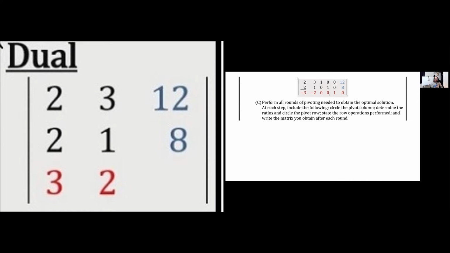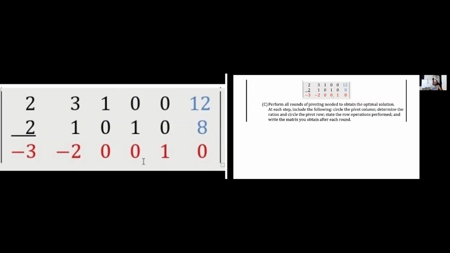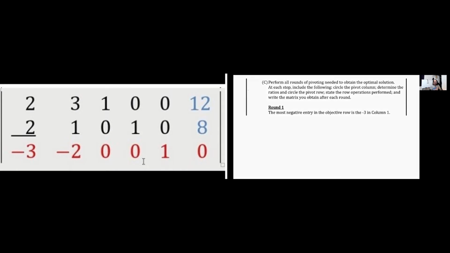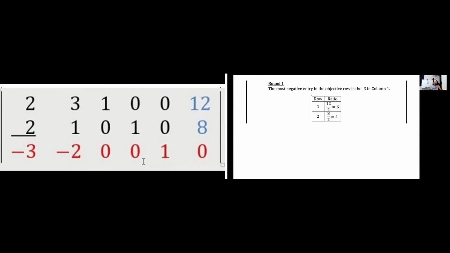So we're going to take the entries in the far right from the other rows and divide them by the corresponding entries in that pivot column, column 1. And the smallest of those two is the 4 coming from row 2. So we already had that column 1 is the pivot column, and our pivot row is row 2.